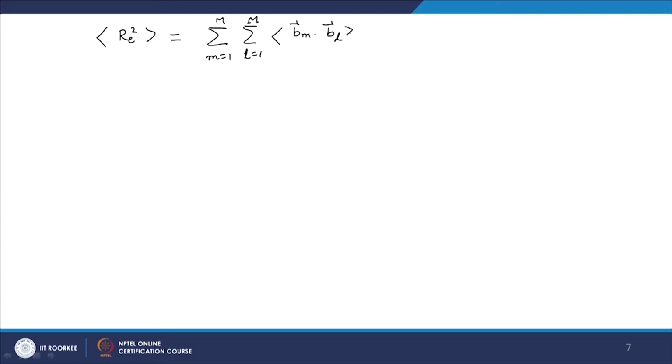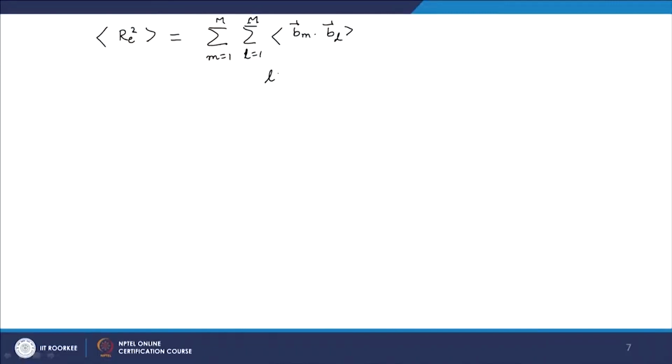Now there are two possibilities, either the L is higher than m or L is less than m. So let's see what happens for L higher than m. So for L higher than m, we can represent Bm dot Bl as something like b square by z minus 1 to the power L minus m, because just like we have derived earlier, here the q is L minus m.